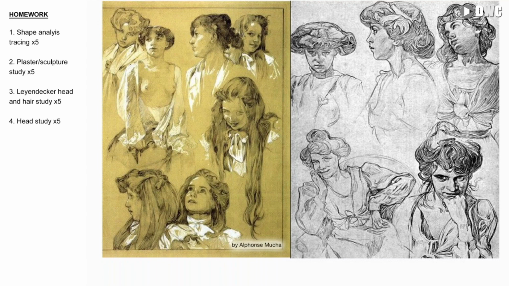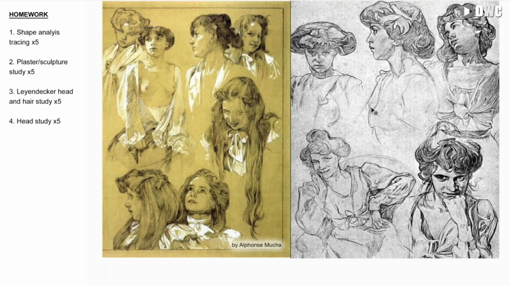You know, either look at the sculpture from life or from reference, and try to do hair studies based on the sculpture, and then do some Leyendecker or some Mucha if you're a Mucha fan. Look at some of his more painterly work. John Sargent, also another great realist to look at. I just suggest Leyendecker because everybody knows him and lots of his work is available, easy to find.